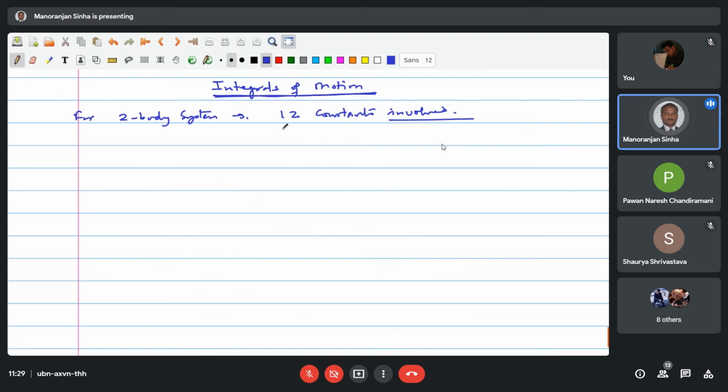Out of these 12 constants, what we have identified, the 6 appearing in center of mass equation. So these 6 are identified.